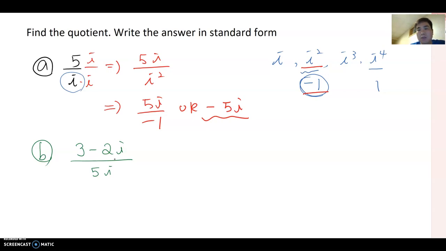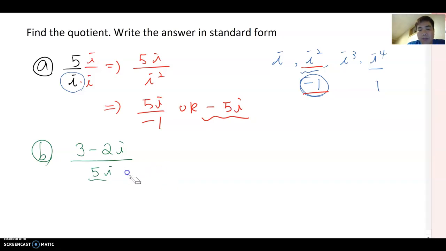The denominator must be a rational number, not even a radical. The closest rational number from 5i will be -5. Now how to make -5? Yes, we just make i squared. That will be the easiest way to do it, right?